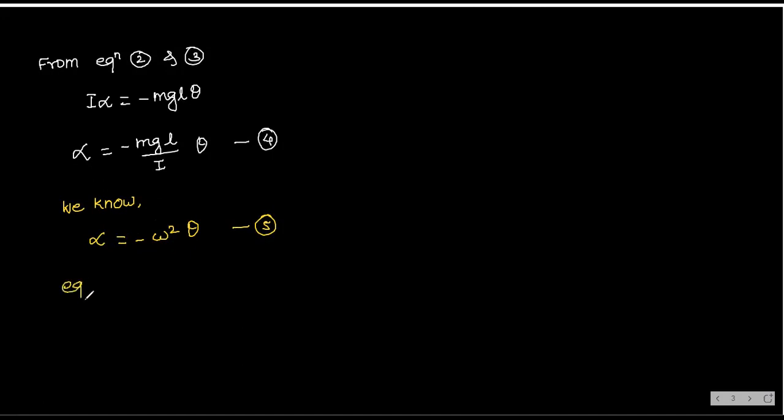So, equating equations 4 and 5, what we are getting, see, minus omega square theta is equal to minus mgl by I into theta.